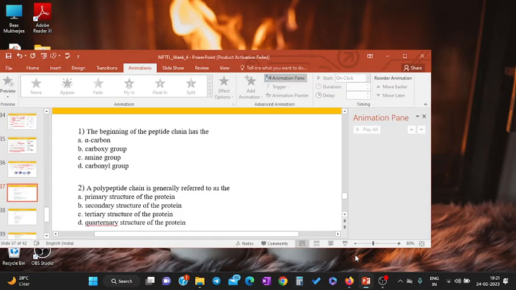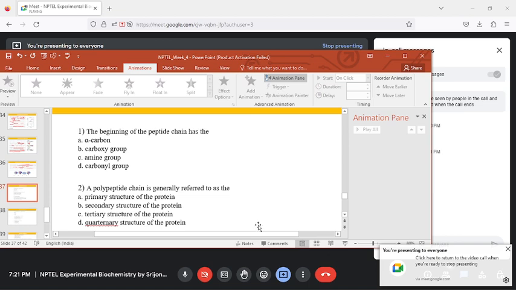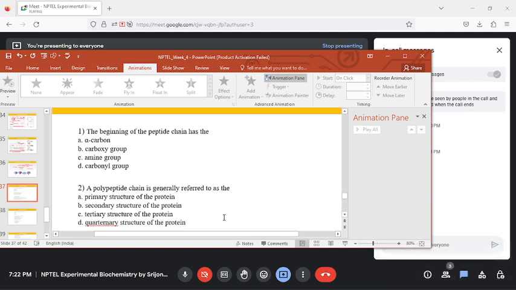Yes, so you say it's C. So that is correct. The beginning of the protein starts with the amino terminus, that is, it has the amine group at its N terminus, and the end of the protein is the C terminus. So it has the carboxylic acid group. So yes, C is the right option.